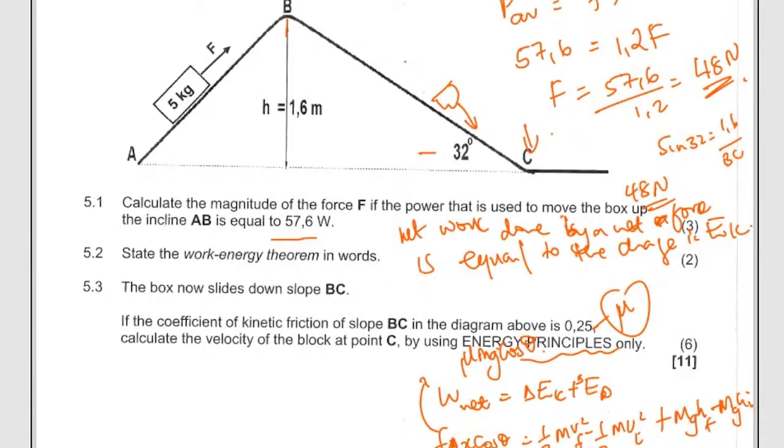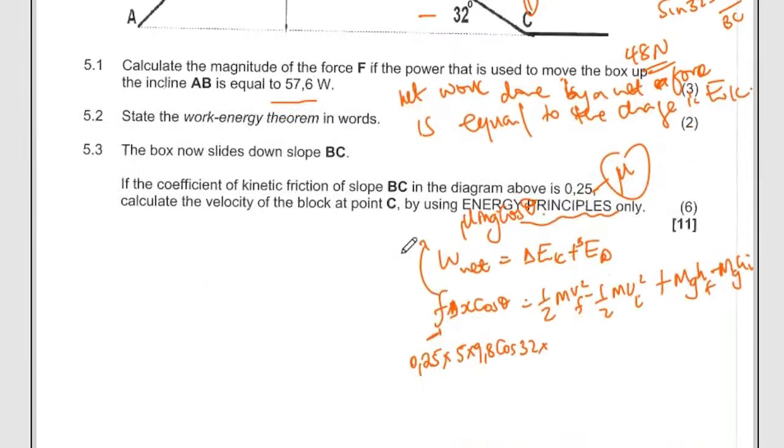So BC is going to be 1.6 divided by the sine of 32, which gives me 3 point something. So my displacement is 1.6 over sine of 32, and then we multiply by the cos of theta, which is cos of 180, since friction is in the negative direction.